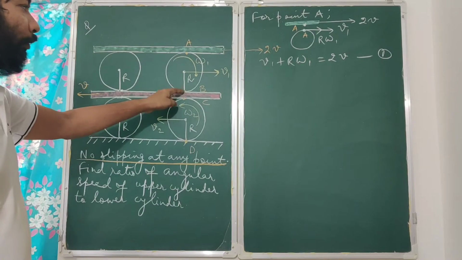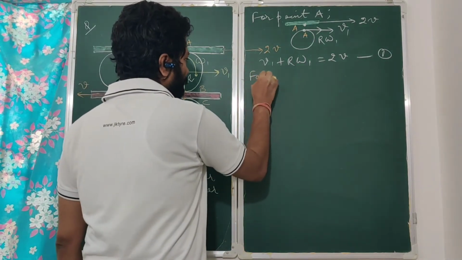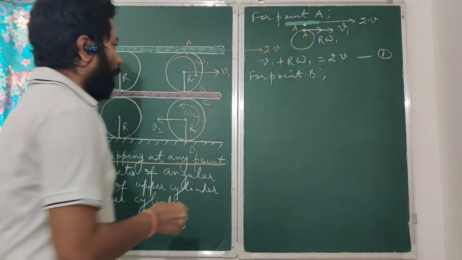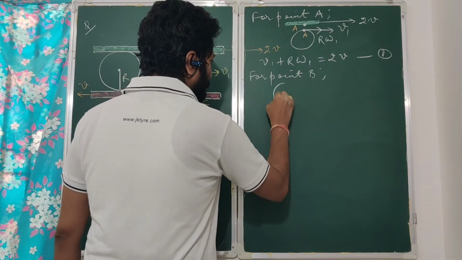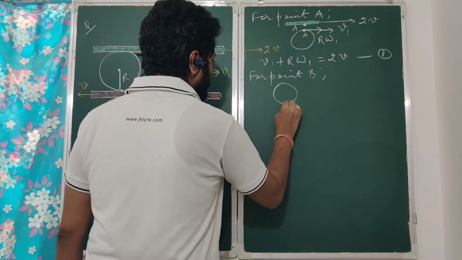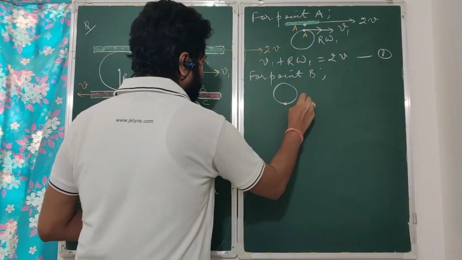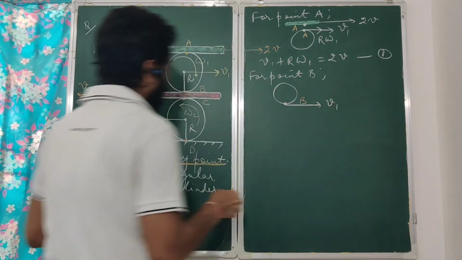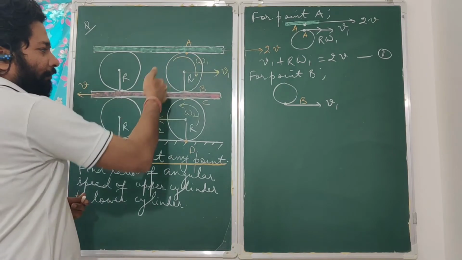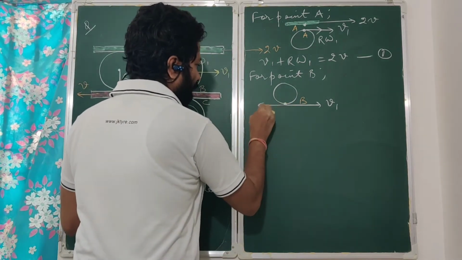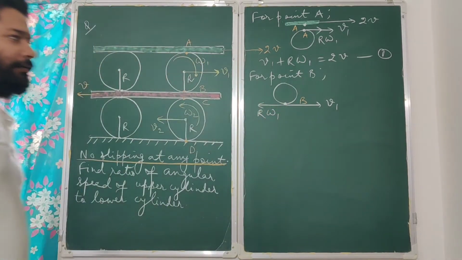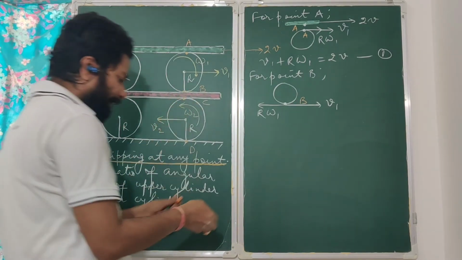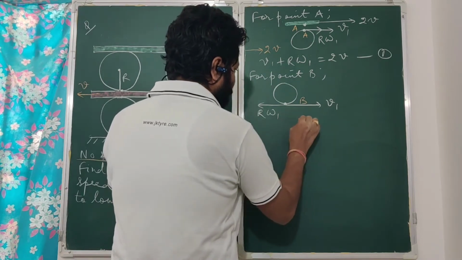Now let us think about point B. So for point B again, this is your point B. This side velocity is v1. Due to rotation, here you will have r omega 1, and this is in contact with the middle plank. What about the middle plank here?